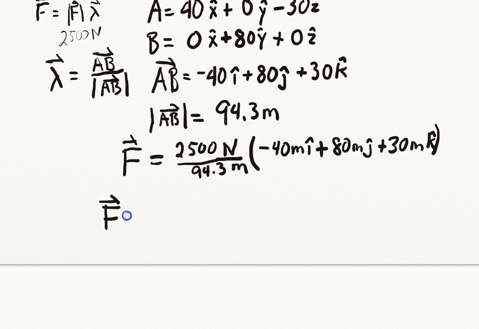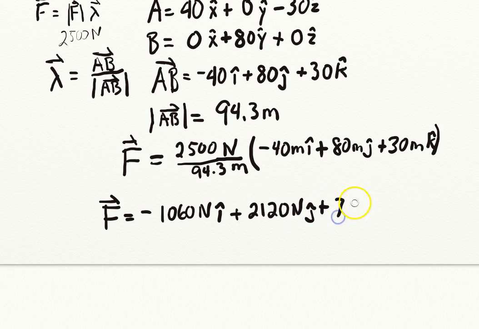It ends up being minus 1,060 newtons in the I-hat direction, plus 2,120 newtons in the J-hat direction, plus 795 newtons in the K-hat direction.